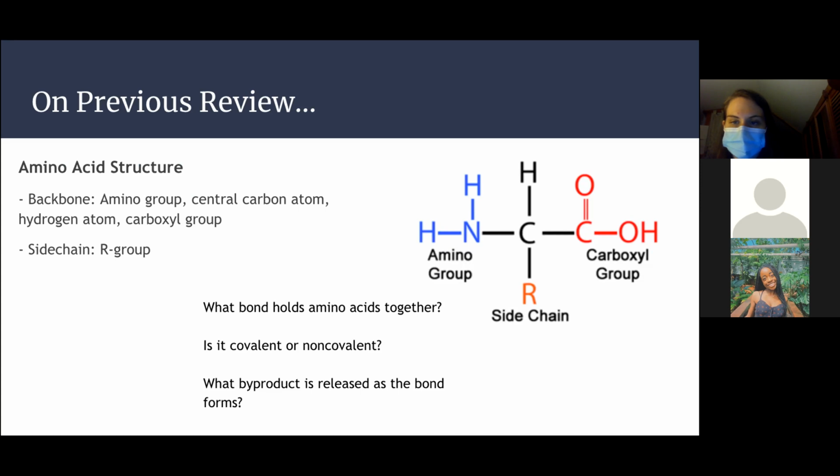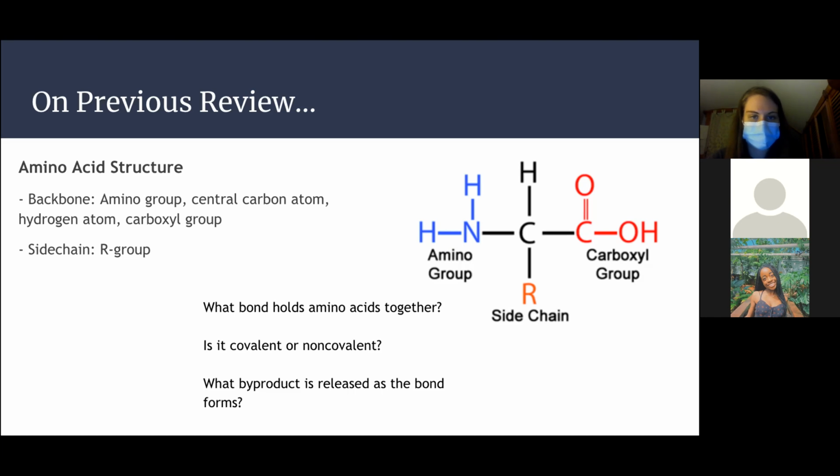I have just a few questions for you guys, just to see if you remember from last review or from class. What bonds hold amino acids together? If anyone wants to unmute or put it in the chat, what bonds do they think hold amino acids together? Like what's the name of the bonds? Anyone?